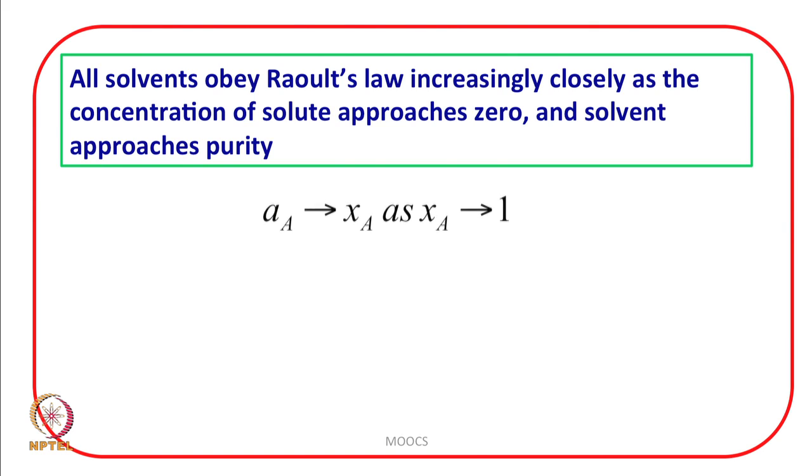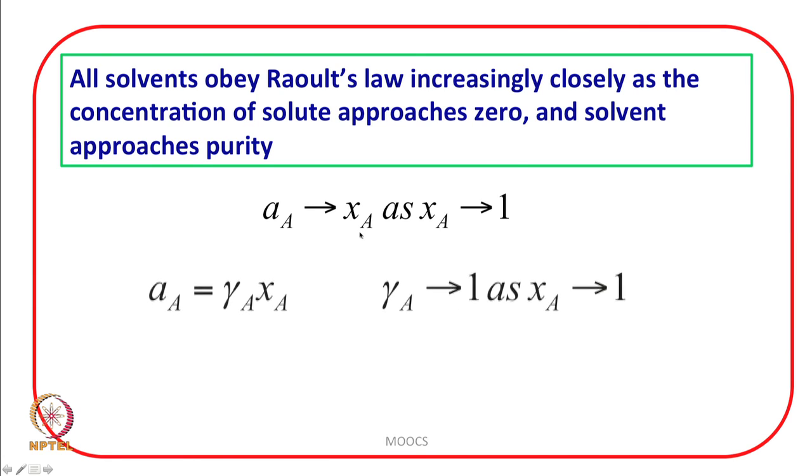That means the activity will approach the mole fraction when the mole fraction approaches a value of unity for the solvent. How to interpret this? When x A approaches 1, meaning when the solvent approaches purity, then you can replace activity by mole fraction.